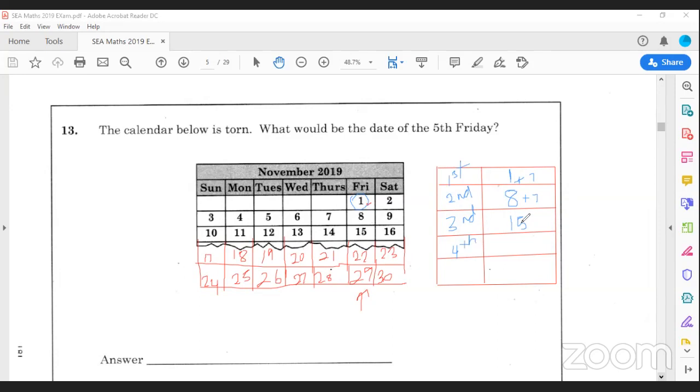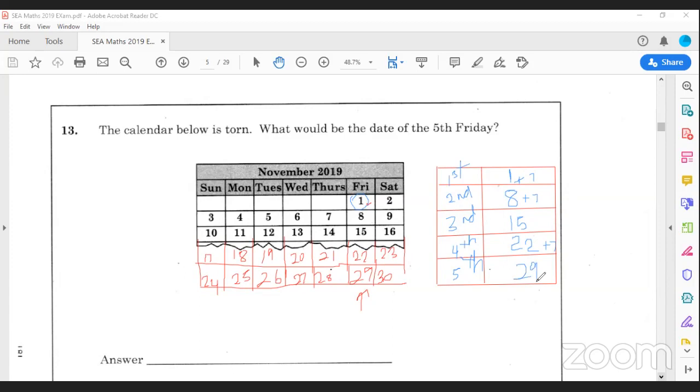So I'm going to add 15 and 7, and I'm going to get 22. Now the 5th Friday, I need to add 7 to 22 as well. And what am I going to get? 29. Okay, so that means the 5th Friday is going to be the 29th.